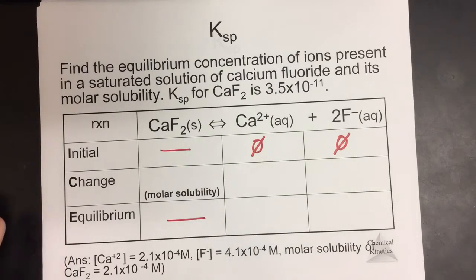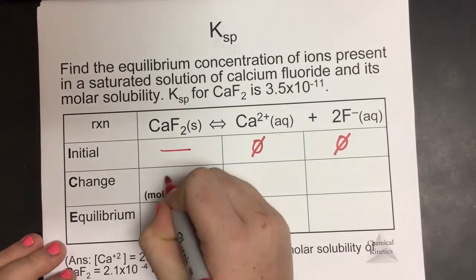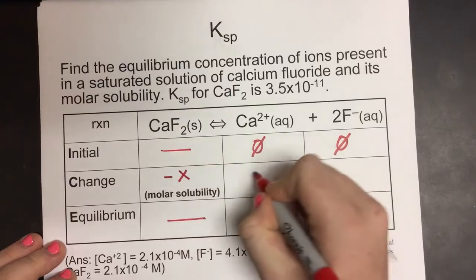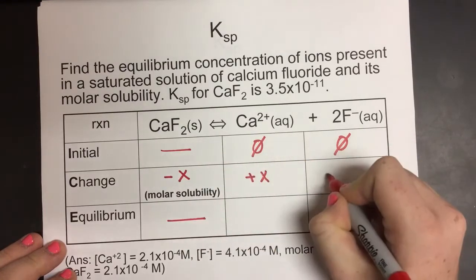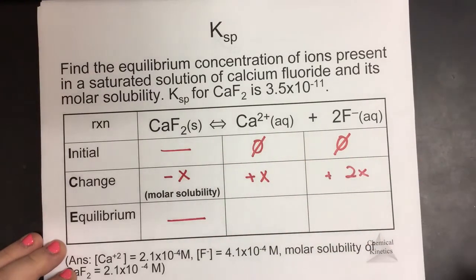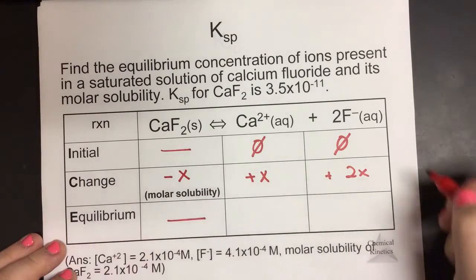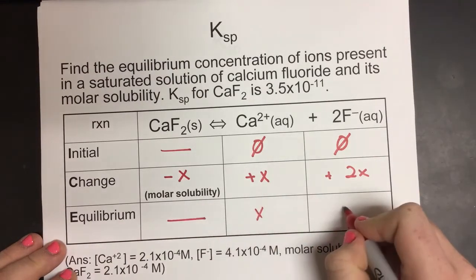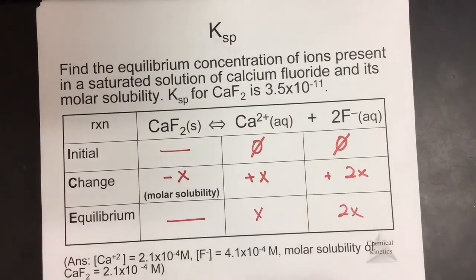Okay, and so now to calculate the change box, we don't know what we have, so we're just going to use a variable, which would be x. And so we're going to do minus x here, plus x here, and plus 2x here because we take into account the stoichiometric coefficient. And then again at equilibrium, we know we've added x and 2x. So now on to the calculations for this.